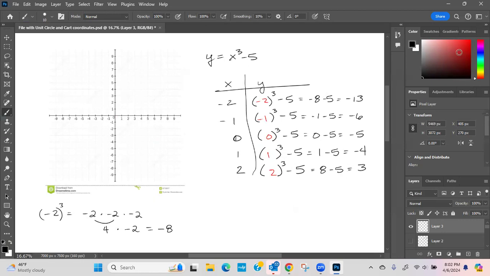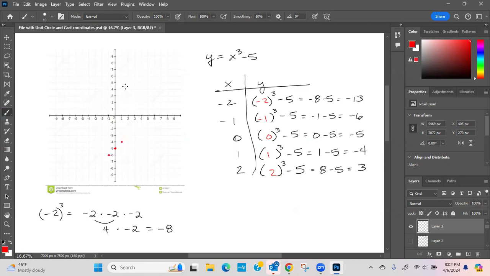So we have this set of points now. I can't go down to -13, so I'll skip that first one, but I can do -1, -6. It's down here. 0 was at -5. 1 was at -4. Well, this looks like a straight line.